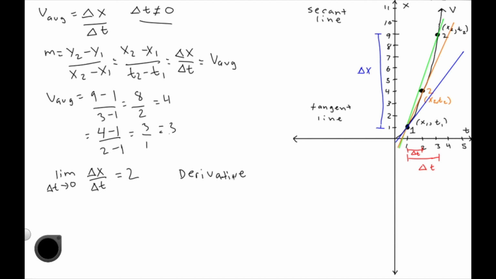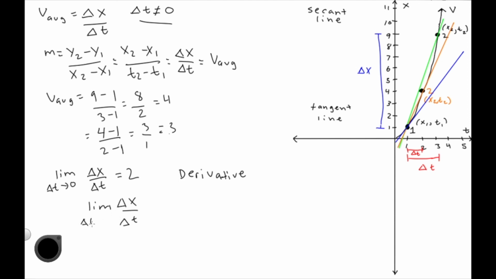And the derivative is going to be the same as this limit over here, right? There's going to be no difference, no distinction between this limit over here and the derivative, right? And so that derivative, we'll call that derivative dx over dt.